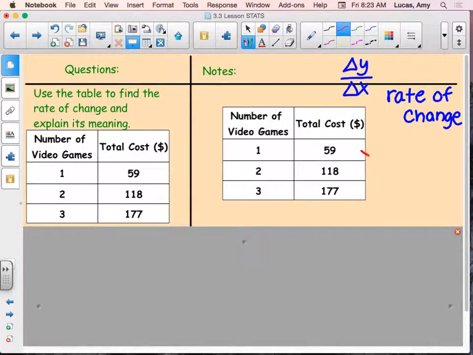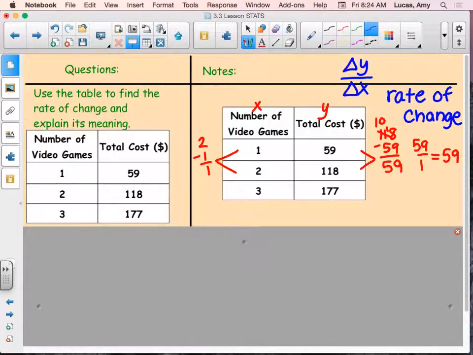So how much is y changing? 118 minus 59 will tell me how much y is changing. So 59. And then over here, how much x is changing? 1. So my first rate of change, 59 divided by 1, or 59.